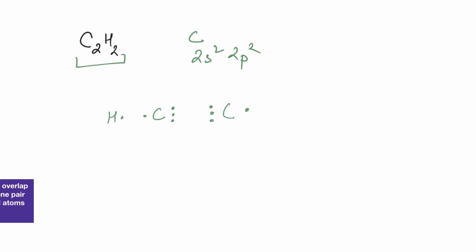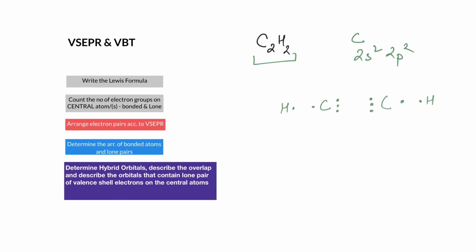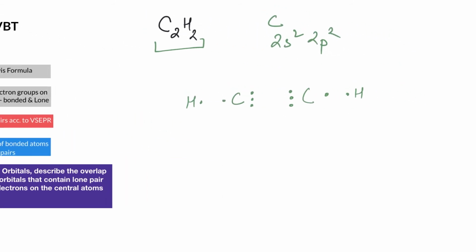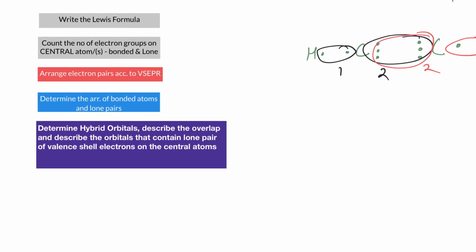So H and H. If you count, this is the Lewis pairing, the first step. And if you count the electron groups, you have 1 and you have 2, right? And the same goes there as well. You have 1 and then you have 2, so 2 per carbon.